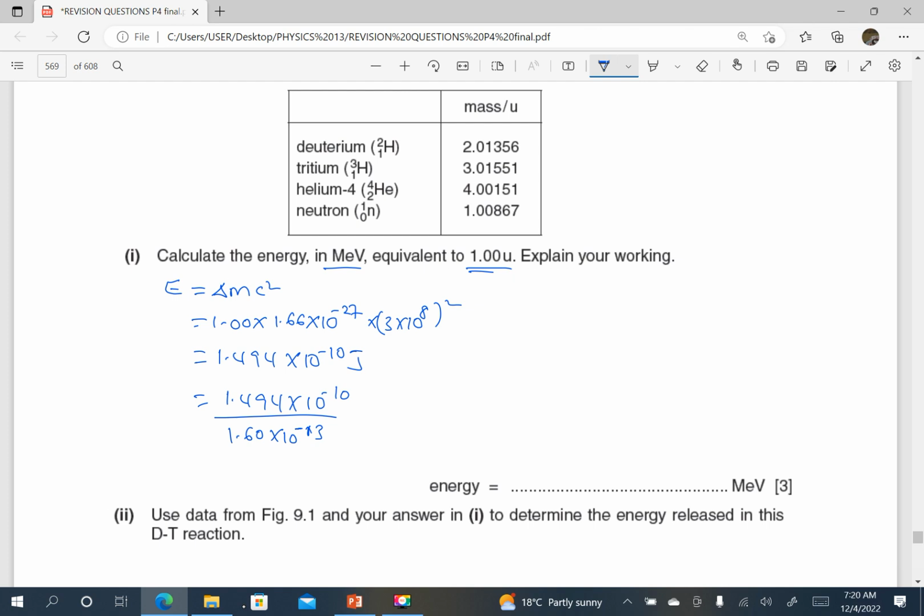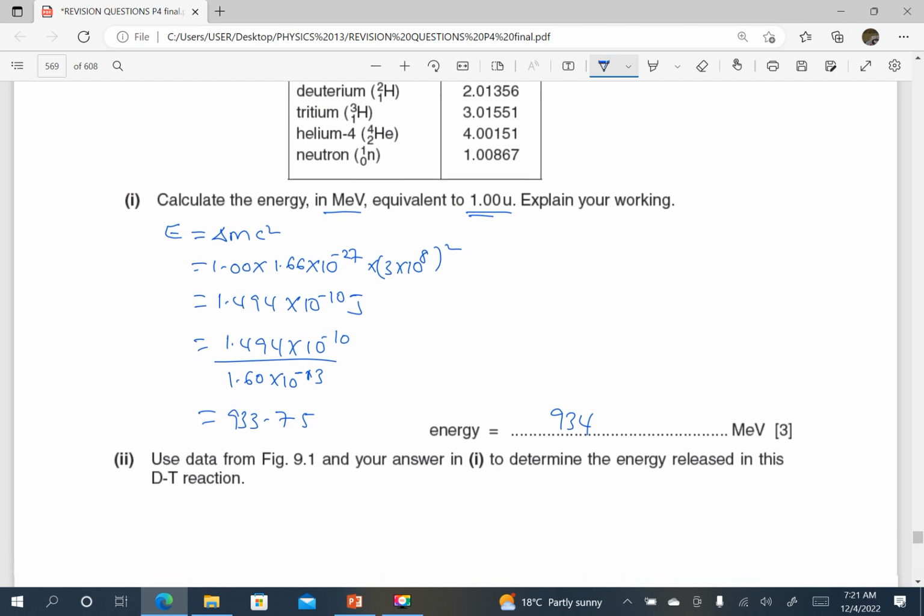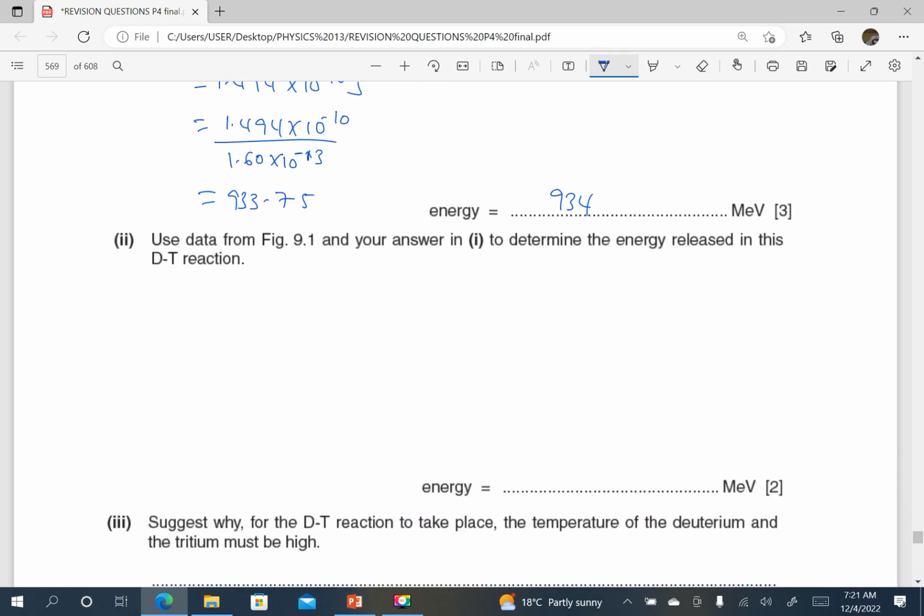So this makes this to be 934. Let me check. It is actually supposed to be 933.75, which is approximately 934 to three significant figures, or sometimes it is 930 to two significant figures. Use data from figure 9.1 and your answer in Roman 1, so we shall be using 934 to determine the energy released in this DT reaction.